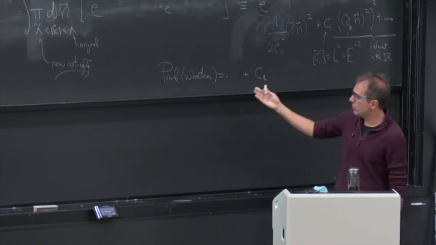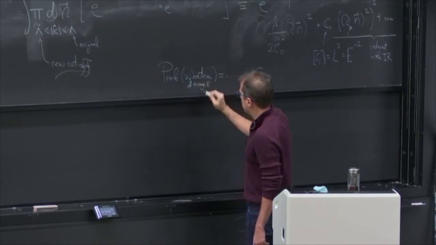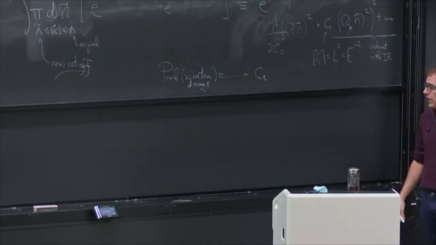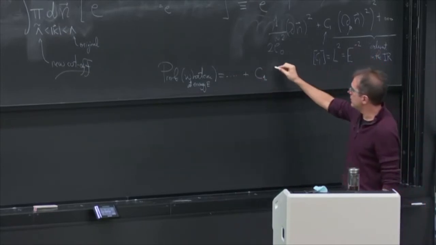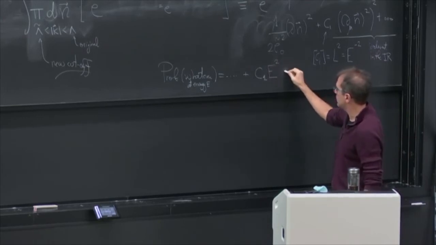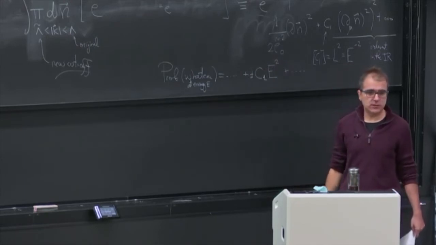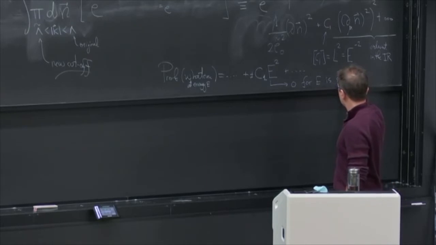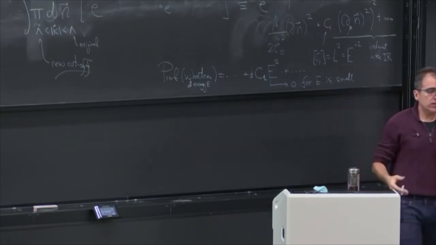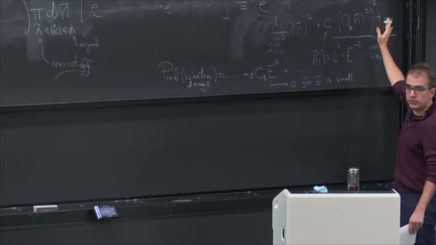Some process probability that happens at energy E. Now, this C1 has dimensions of energy to the minus 2. So to get some physical quantity, this will come multiplied by E squared, just by dimensions. And so it goes to 0 when the energy is small. So these are what are called irrelevant terms. When the dimension is positive, at low energy, these should not matter.